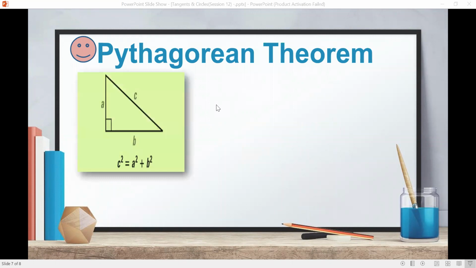Now, Pythagorean theorem. The Pythagorean theorem is applied to a right triangle, which says the square of the hypotenuse, here the length of the hypotenuse is C, so C square equals the sum of the squares of the other sides. The other sides have lengths A and B, so the sum of the squares is A square plus B square.